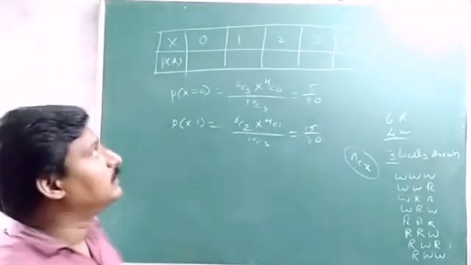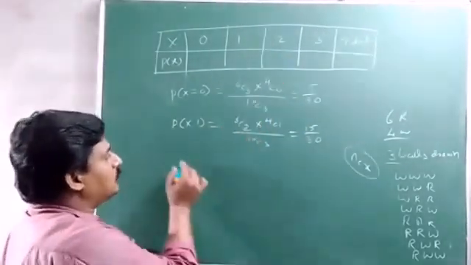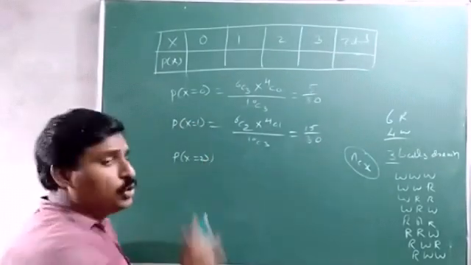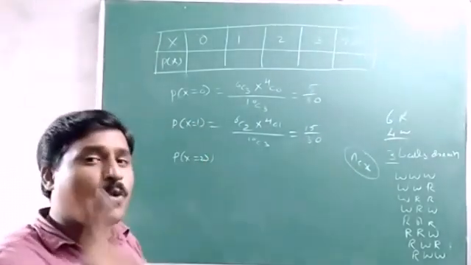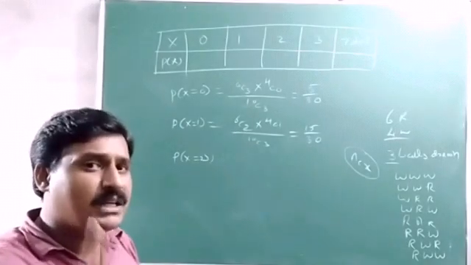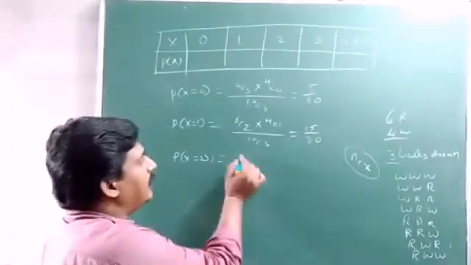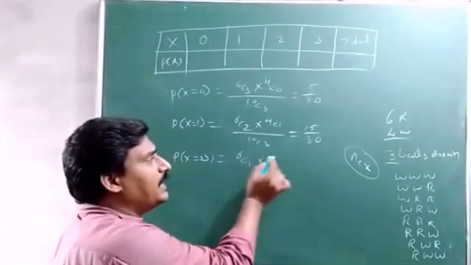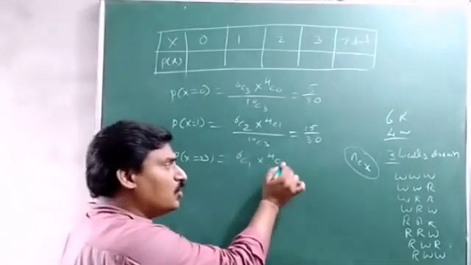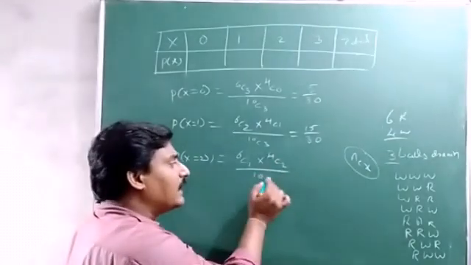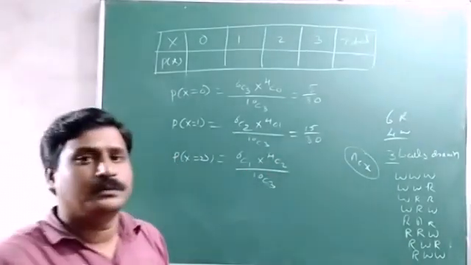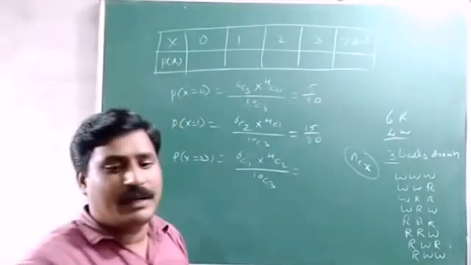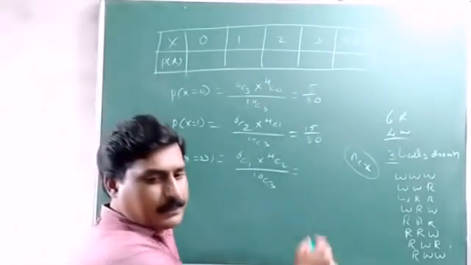Next, 2 white balls, so P of x is equal to 2. So 2 white balls means 1 ball will be a red ball. So that is 6C1 into 4C2 divided by 10C3, and here we get 9 by 30.